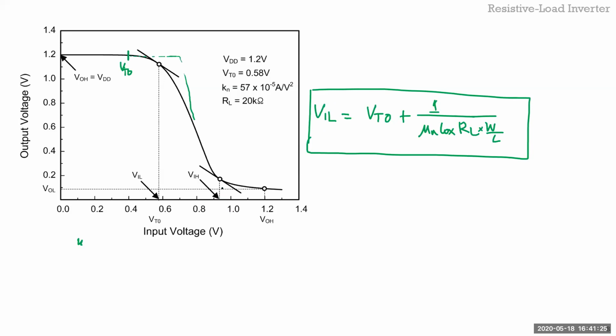V_IH is also the same principle. In this region of operation, the transistor is in the linear region. So in the linear region, you can write the entire equation, but you can just write mu_n Cox W over L (V_GS minus V_T) times V_out.